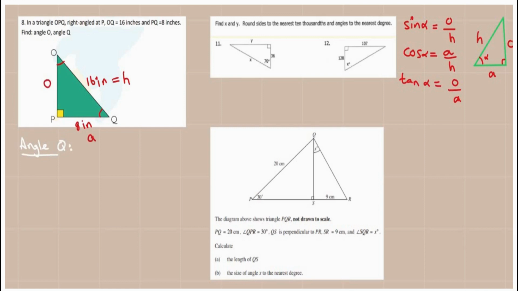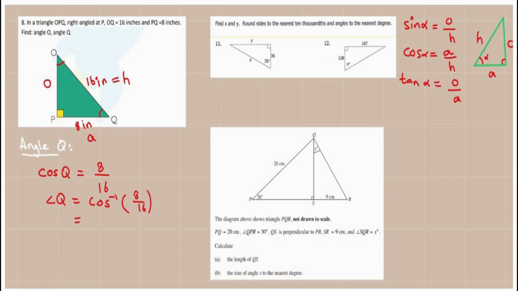Now for angle Q we don't have the opposite side, but we have the adjacent and the hypotenuse, so we can consider cos. Cos of angle Q will be equal to adjacent, which is 8, divided by hypotenuse, which is 16. That means angle Q will be equal to cos inverse of 8 over 16.